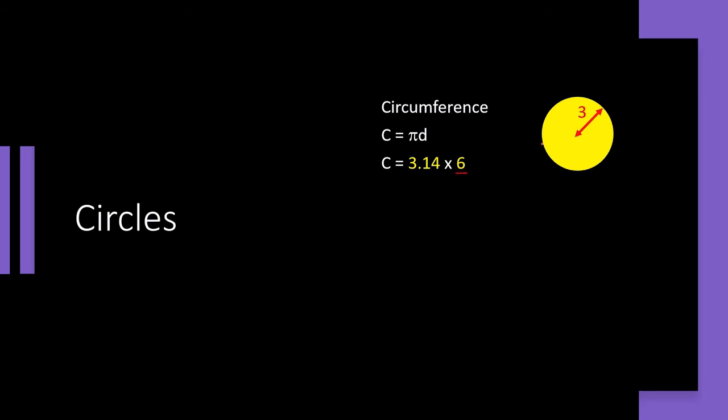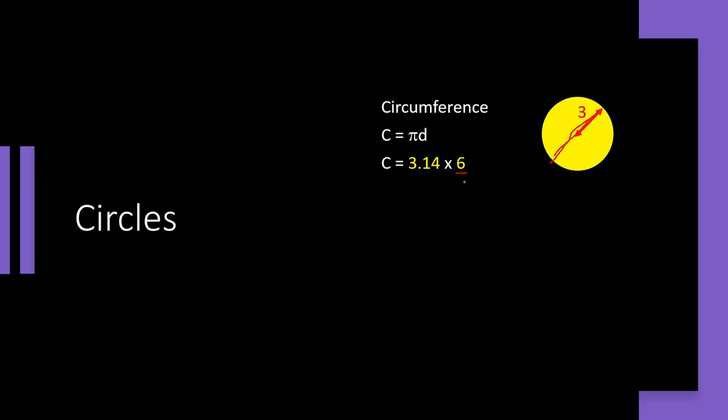And why is that? Because my diameter is this whole line in here. Oops, it's not very straight, I apologize for that. But this is only 3, so this should also be 3. The total of this 3 multiplied times 2, because the diameter is twice the radius, is equal to 6.